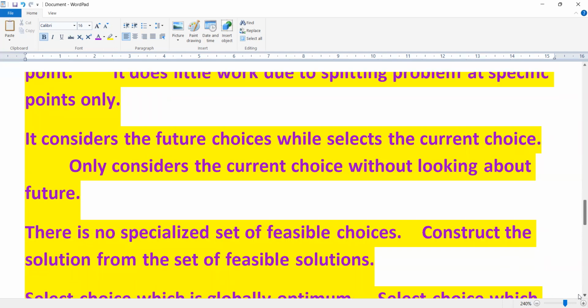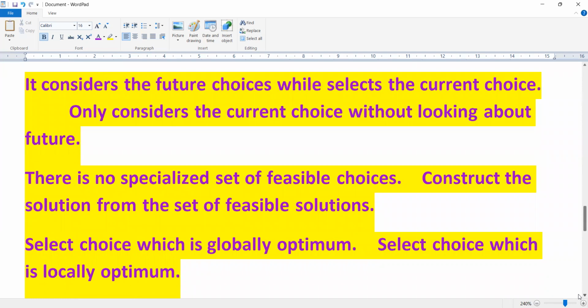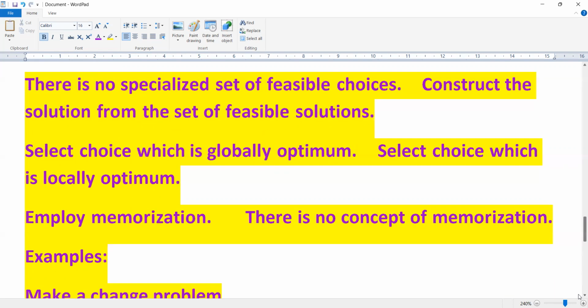Dynamic programming considers future choices while selecting the current choice, but the greedy approach only considers the current choice without looking at the future. In dynamic programming, there is no specialized set of feasible choices, but the greedy approach constructs the solution from the set of feasible solutions.